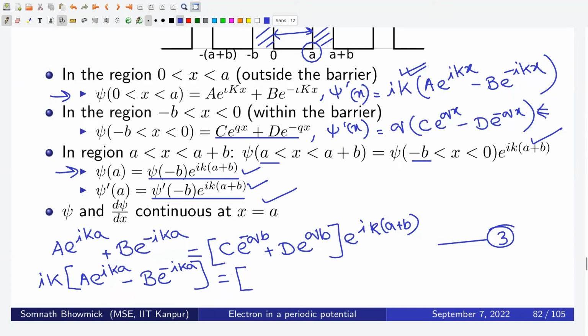This is equal to q times C e power minus qb minus D e power qb, times the phase factor e power ik(a plus b).